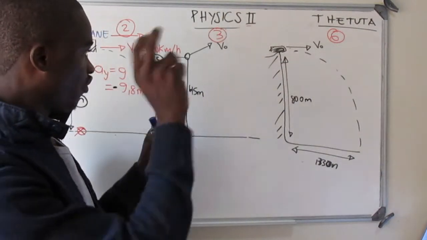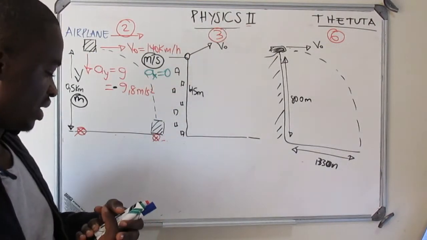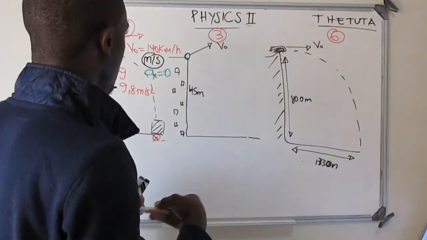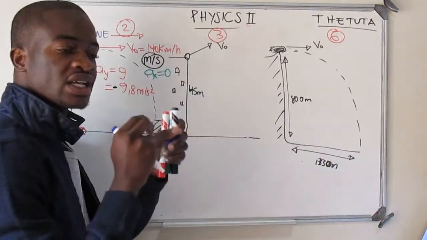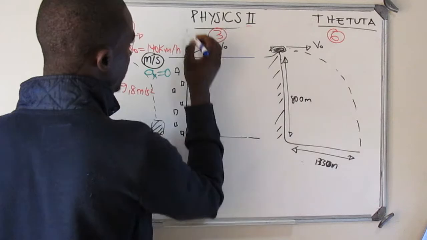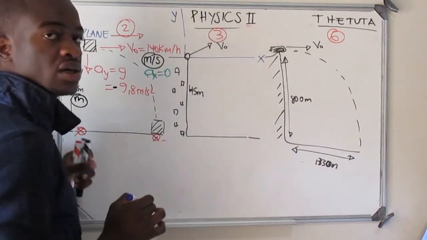Someone threw a stone from a specific point. Can you see? So more often when you're doing our calculation, once an object was thrown or shot, our x and y axis will become here. Can you see? So you have your x and then your y axis.